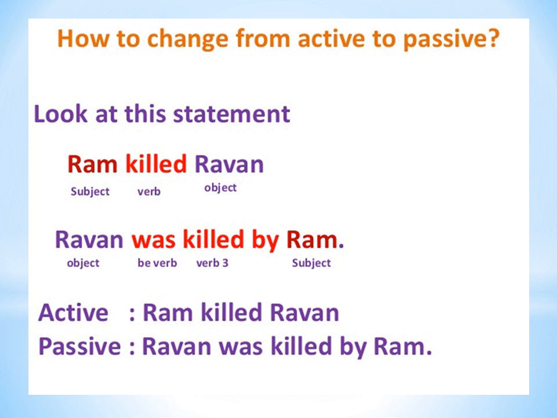Then I'm going to choose the suitable verb to be, then the past participle of the verb, and at the end I have by Ram. And by Ram is optional. We are not going to use it all the time, just like the previous example.